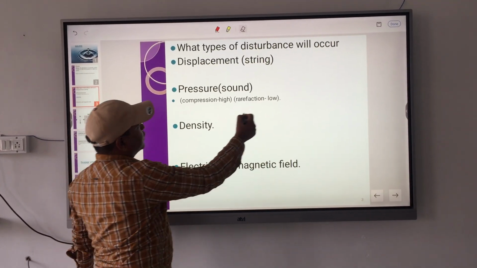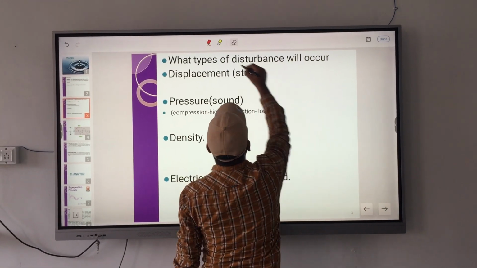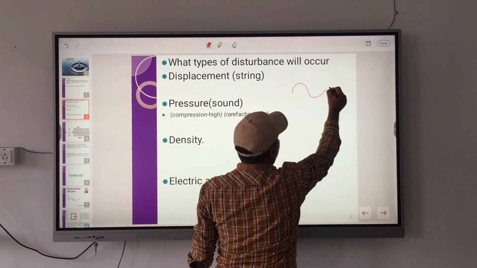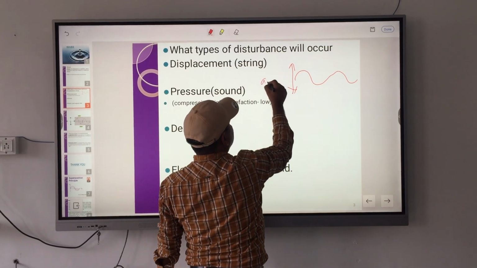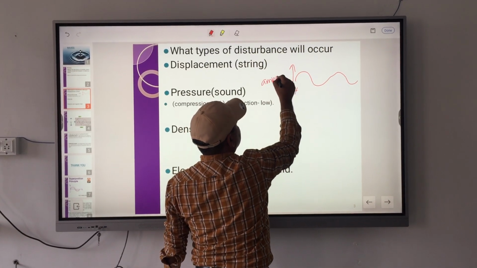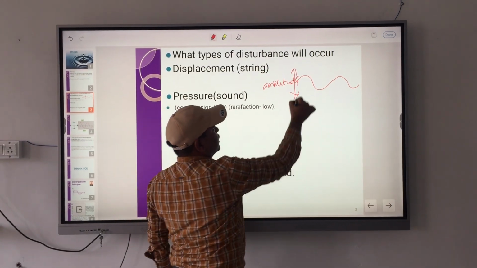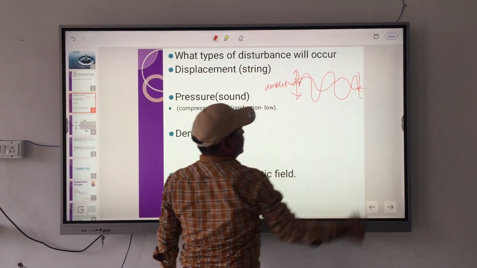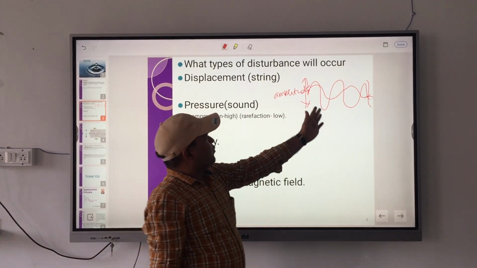So first, if we take one string, and here we provide the amplitude, then this string will form waves in the forward direction.